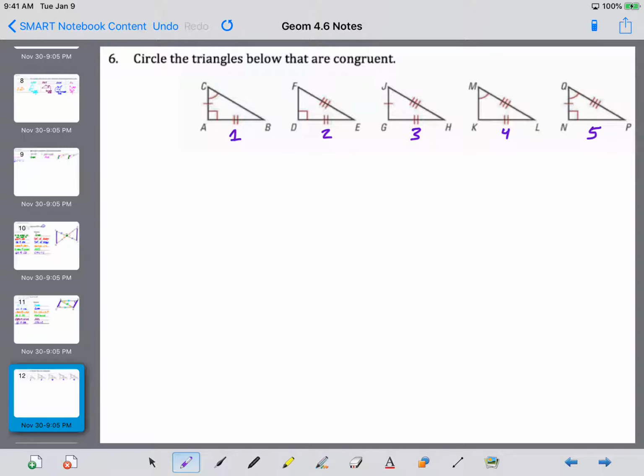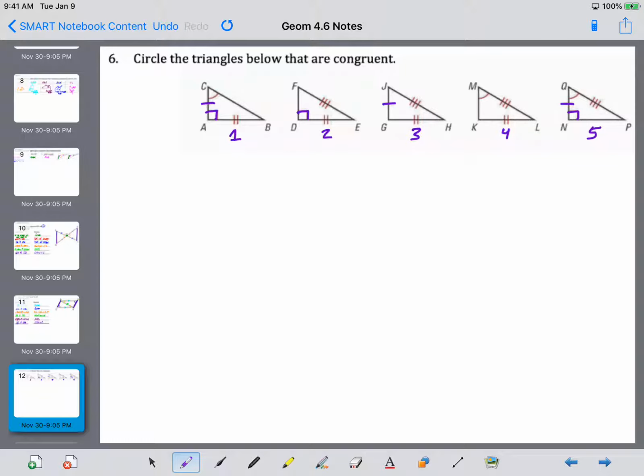Only thing that I can really see is, let's see, where do I have some matches? I've got a right angle here, and all the way over here. And then I also have this tick mark here, here, and here. So 1 and 5 have 2 things in common.